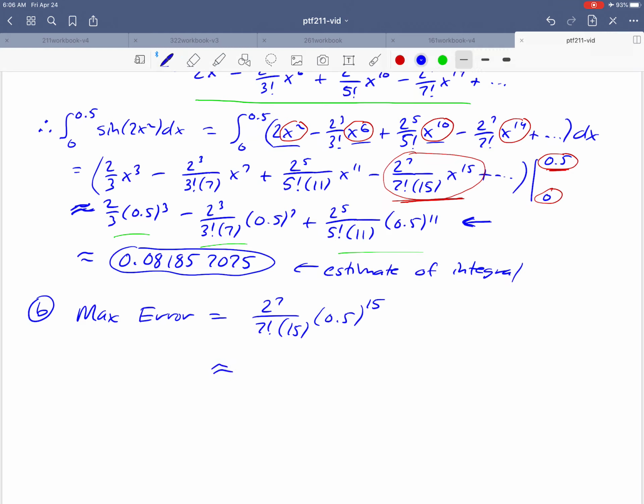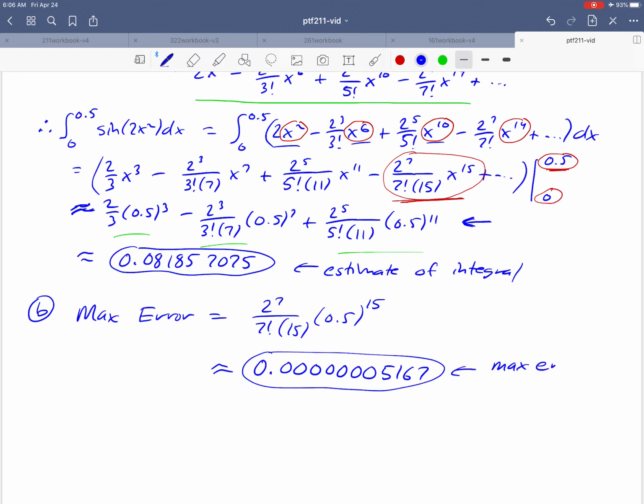We're going to discover this is a really small number. Are you ready for this? You're going to see a lot of zeros here. In particular, I believe you're going to see 7 of them: 1, 2, 3, 4, 5, 6, 7. You can double check my calculations here. That number is the maximum error in our approximation to part A.